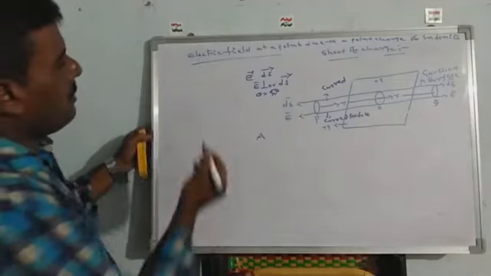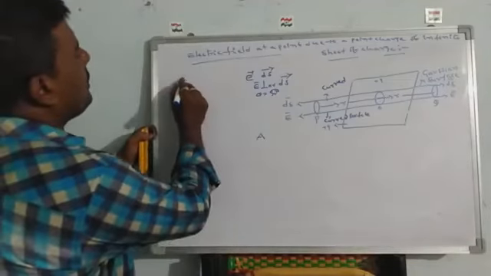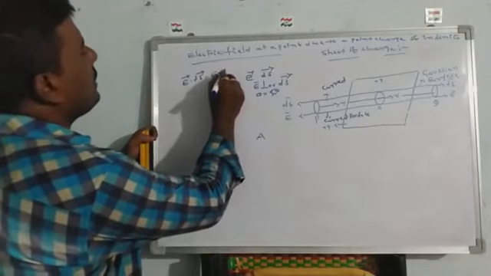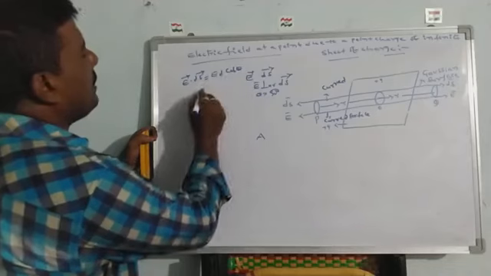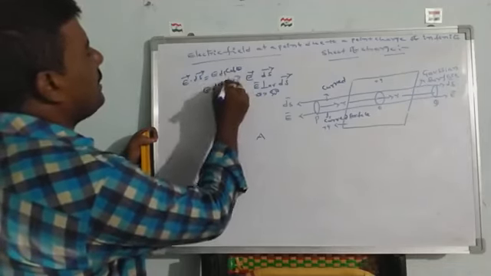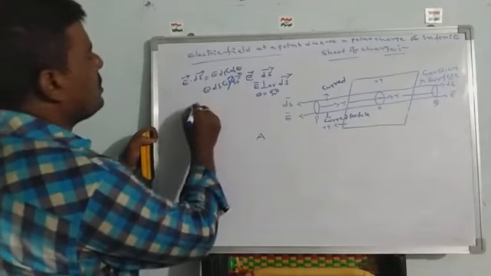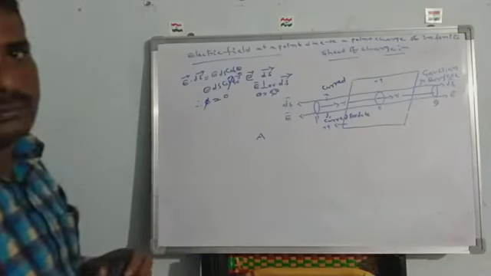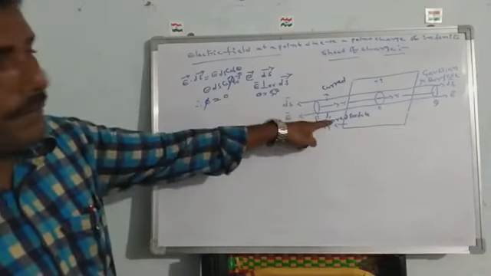From the Gauss law statement, E bar dot ds bar equals E ds cos theta, that means E ds cos 90. Cos 90 becomes 0. Therefore the flux becomes 0 at the curved surface.